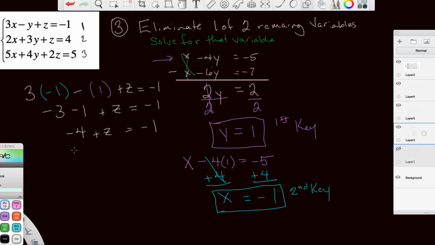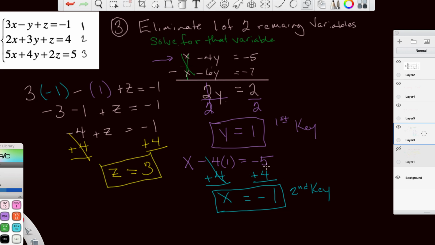What's the opposite of negative 4 so we can get rid of it? It's positive 4. That goes away. Positive 4 over here. Put them together, we get positive 3. So our final variable, z, is equal to 3.